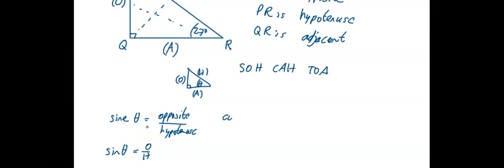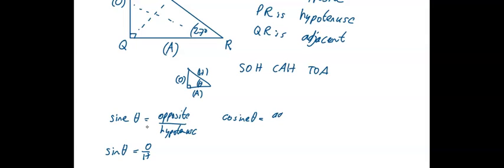So sine of the angle is equal to the opposite over the hypotenuse. Okay, and we can abbreviate sine to SIN. Don't call it sin, it's not sin, it's sine. So if you see SIN in mathematics, it's sine. So sine theta equals O over H. Next one is cosine.